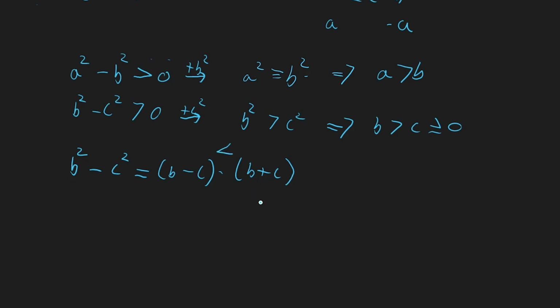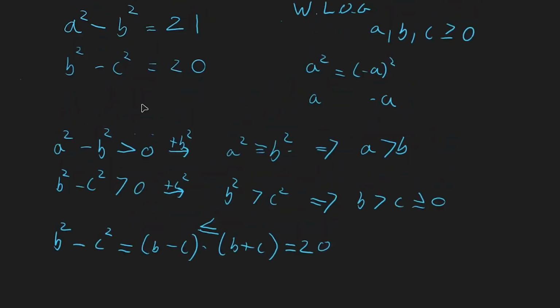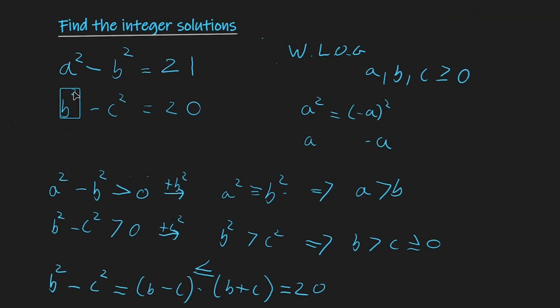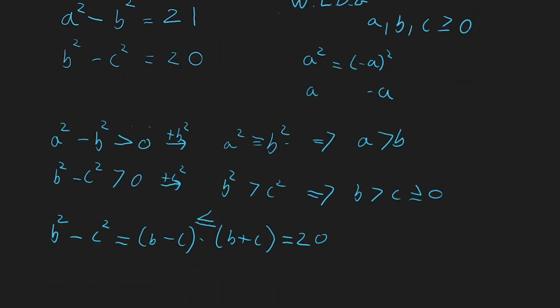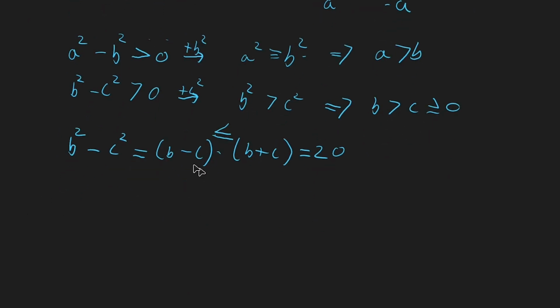So b minus c is smaller than or maybe equal to b plus c. And we also know that this has to be 20. That was the assumption when we started: b squared minus c squared equals 20.